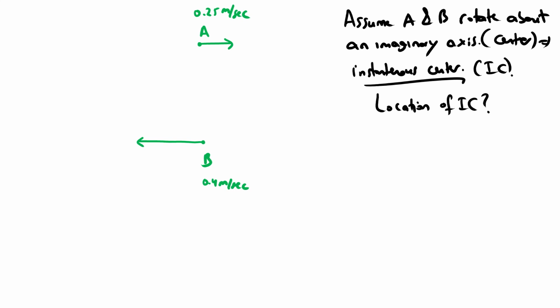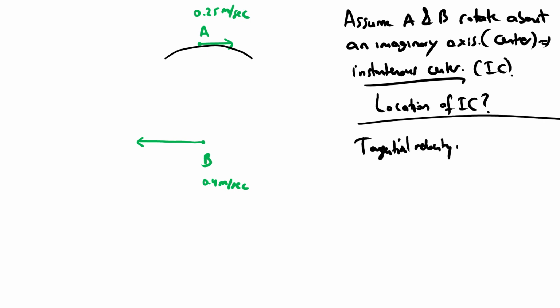So what we can do is say that A rotates about some circle. And I know that for a circle, the tangential velocity is perpendicular to the radius.